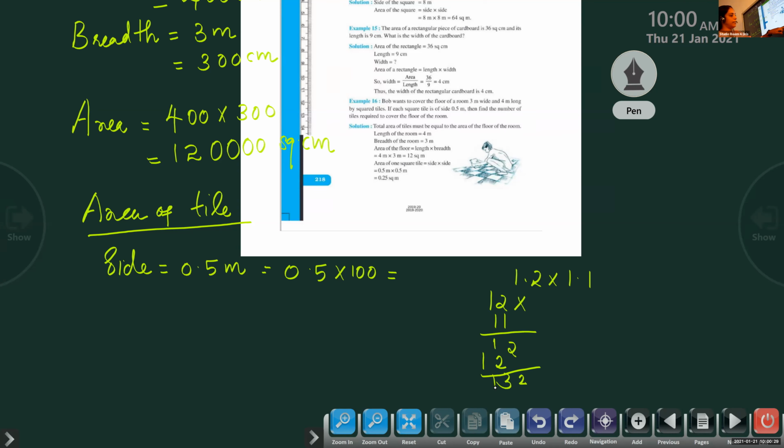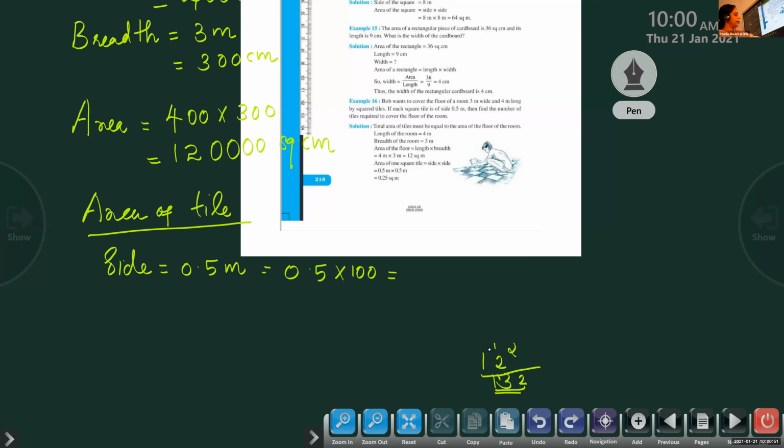Now look at the question. How many decimal places are there after the decimal point? One number has one decimal place, the second number also one. So total two decimal places. So it is 1.32. Clear? Yes, ma'am.